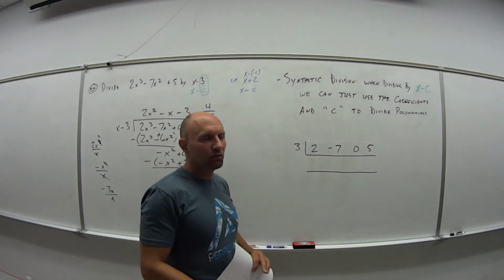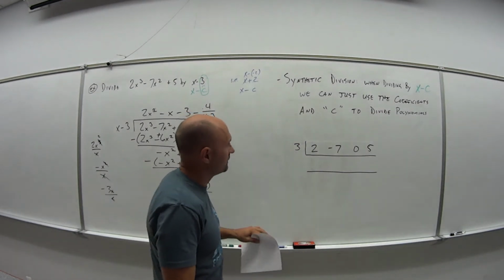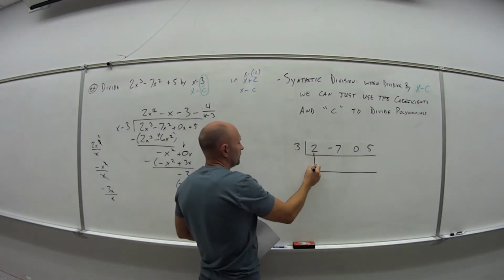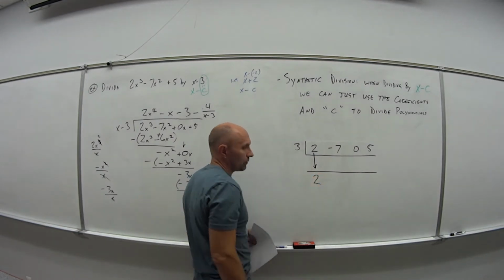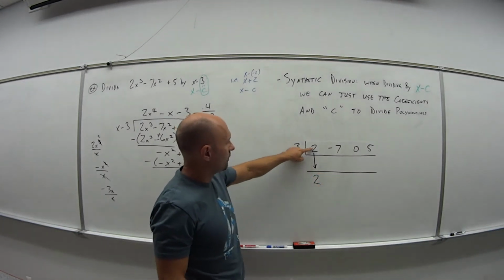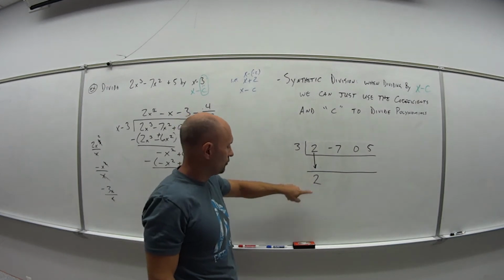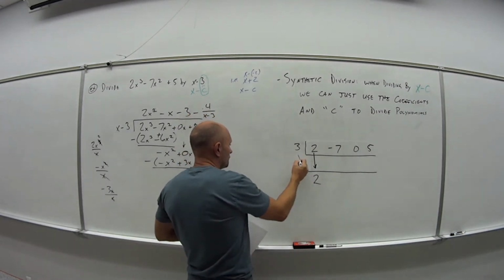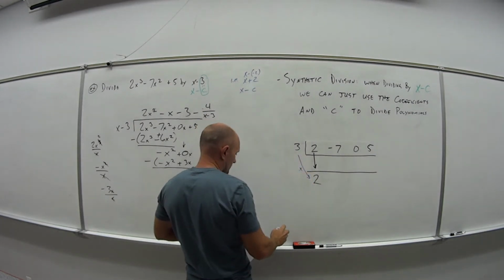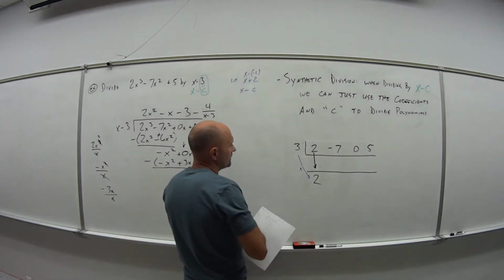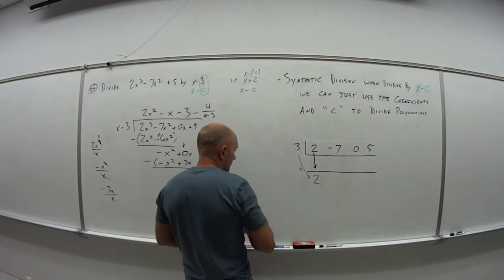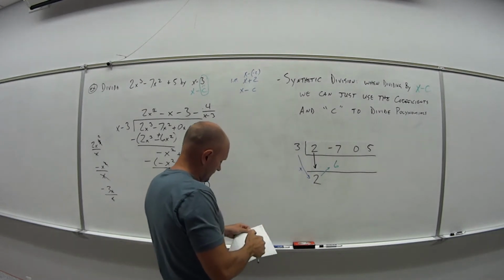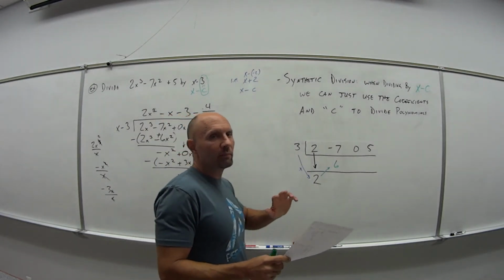The process we're going to do now is the same every time we do synthetic division if we have x minus c. First thing we do, just bring this first guy down, 2. Whatever this number is, just comes down below the line, 2. Now multiply these two, so we get what? 3 times 2 is 6, so that number comes up here, and now we don't have to worry about subtraction.